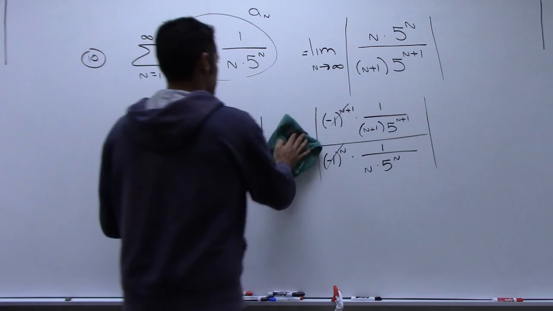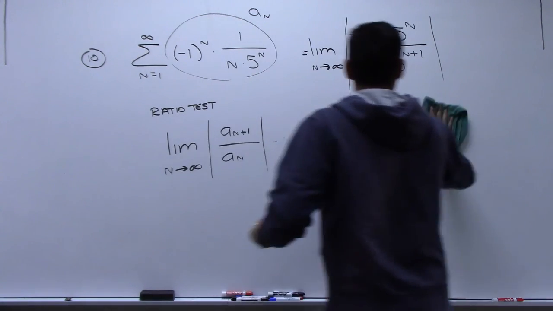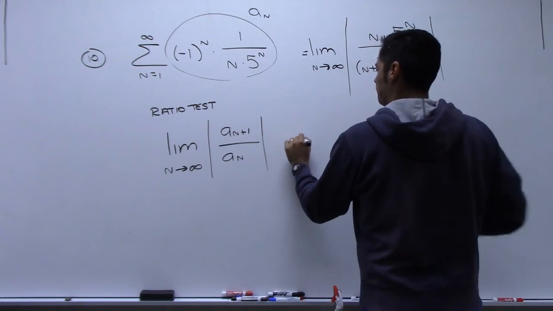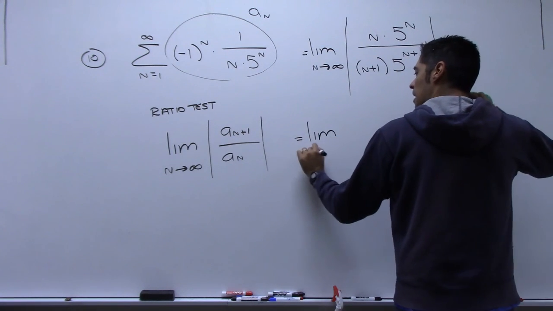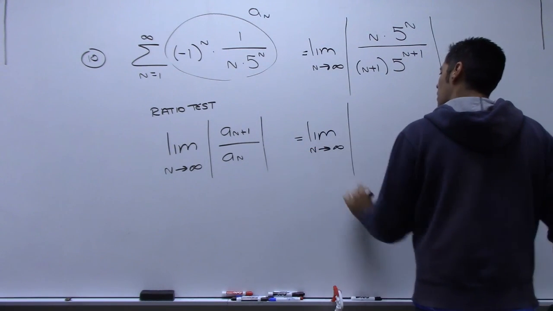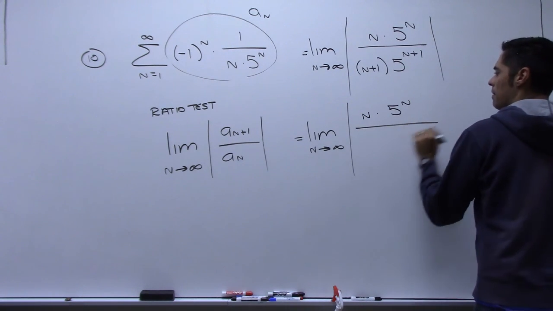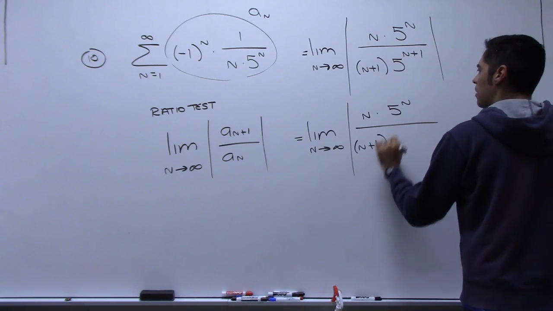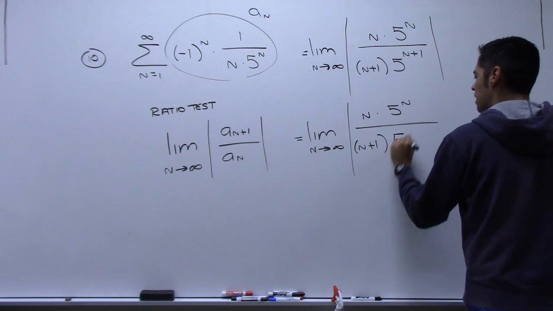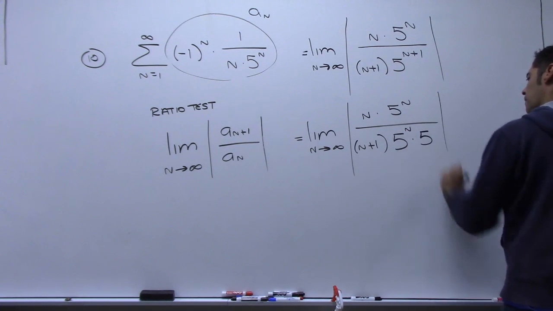Now at this point, I take my limit as n goes to infinity, and I notice that on the bottom, I can rewrite 5 to the n plus 1 as 5 to the n times 5.